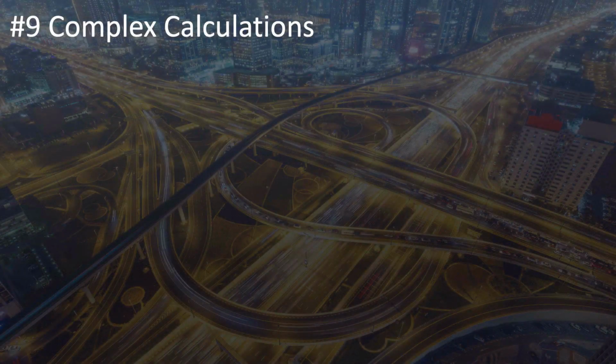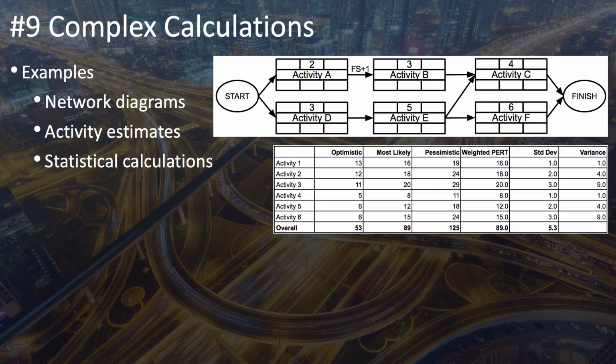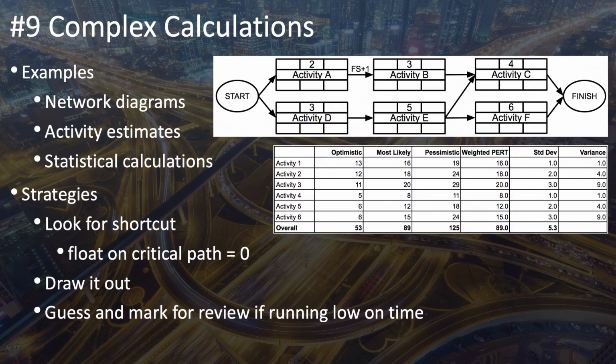Number 9, complex calculations. These are calculations that are rather involved and can be time-consuming. Examples include network diagrams, tables of activity estimates, and statistical calculations. The key strategies for answering these types of questions include, first of all, looking for a shortcut. Oftentimes you'll find that by understanding the principles and concepts behind these types of questions, you can find a shortcut to the answer.